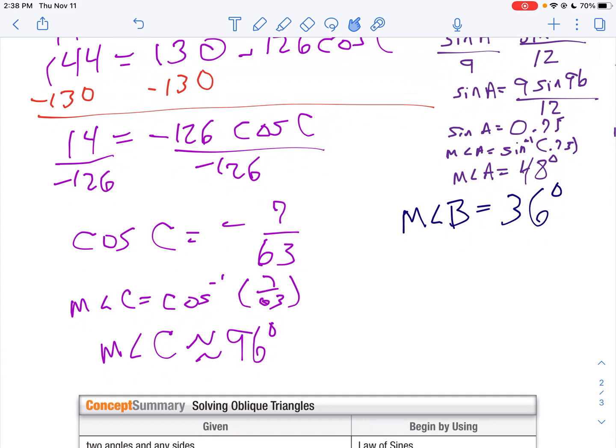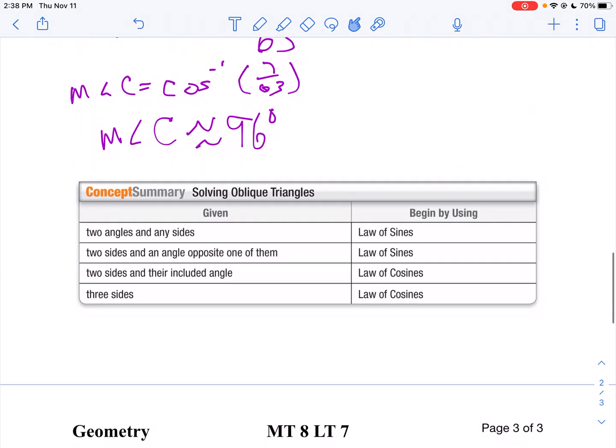Now, notice what we did here. When you're given an oblique triangle, if you have two angles and any side, you can use the law of sines. If you have two sides and an angle opposite one of them, you can use the law of sines. If you just have side, angle, side, two sides and the included angle, you have to use the law of cosines.